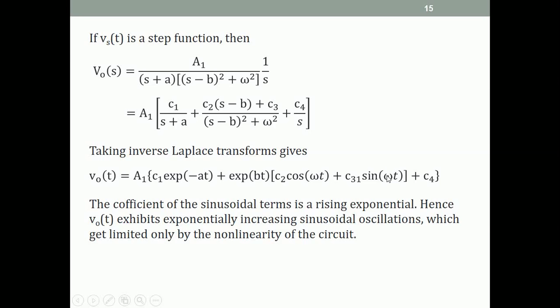Now this will happen if the phase margin is positive, but the phase margin is small. As the phase margin becomes larger, all right, the amplitude of the sinusoidal oscillations will reduce. The underdampedness of the system will reduce.